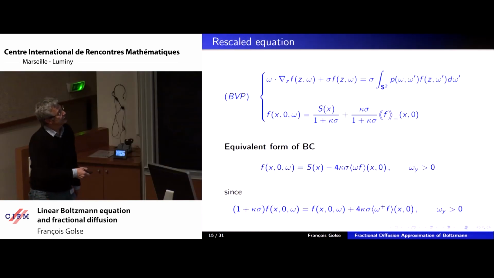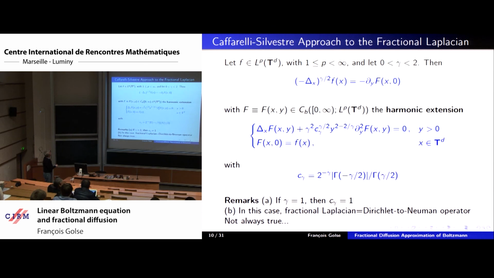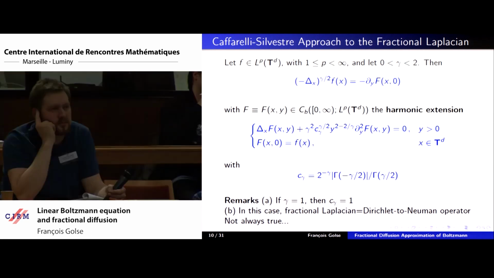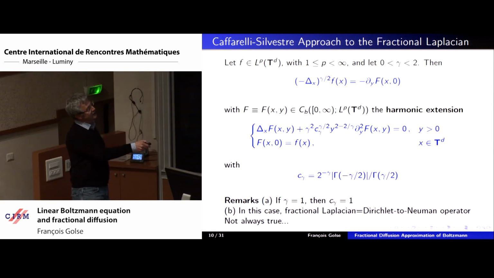And now if I go back to the Caffarelli-Sylvestre approach to the fractional Laplacian, you see that if you want the normal derivative to be a power of the minus Laplacian other than the square root, then you need the harmonic extension in that case, in other words, the diffusion equation in the upper half space, to be equal to this operator here, right?